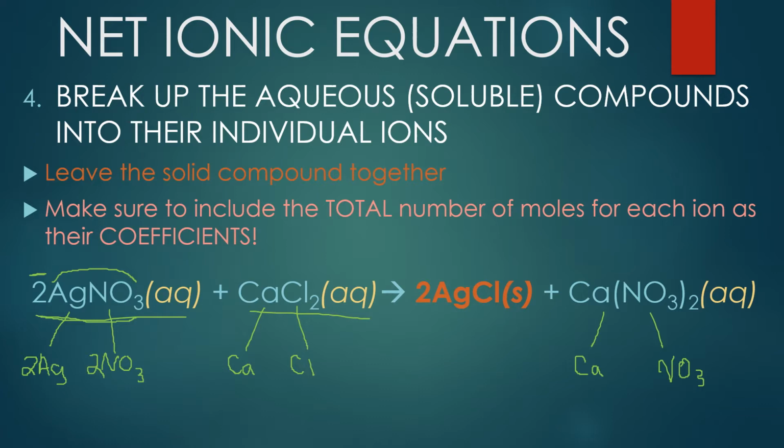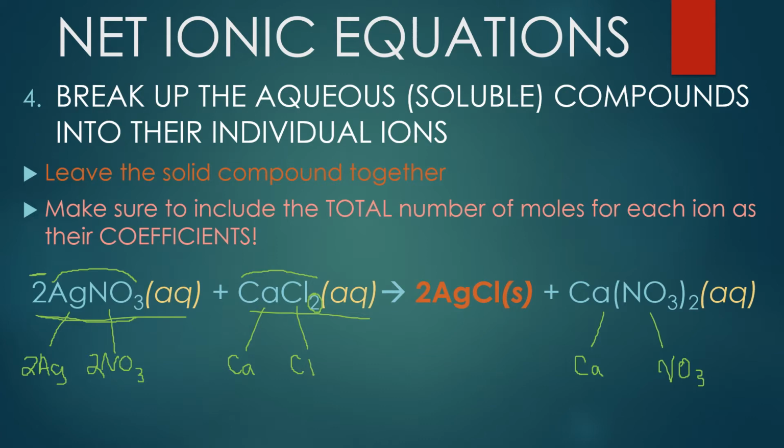Now let's move on to the next compound, this calcium chloride. This whole thing goes together, but there's no coefficient in front, so there's only one of these each. But if you look at the chloride, there are 2 atoms of the chloride, so there are 2 moles of the chloride itself in this compound.